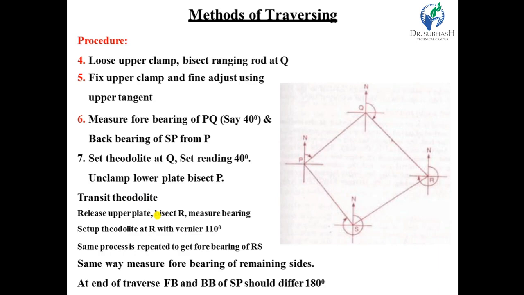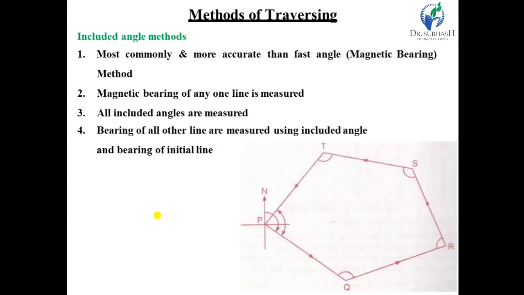Set up the theodolite at R with vernier 110 degrees. The same process is repeated to get the fore bearing of RS. In the same way, measure the fore bearing of the remaining sides. At the end of the traverse, the FB and BB of SP should differ by 180 degrees.